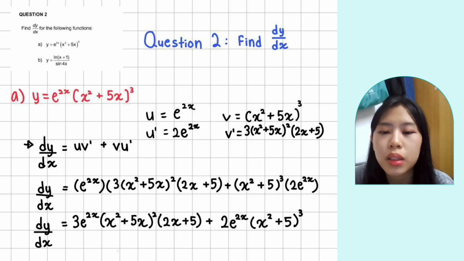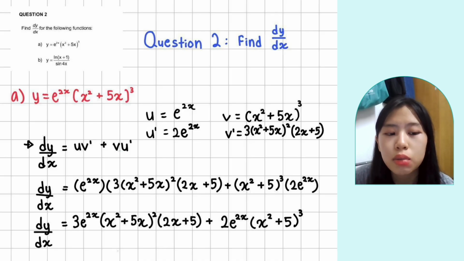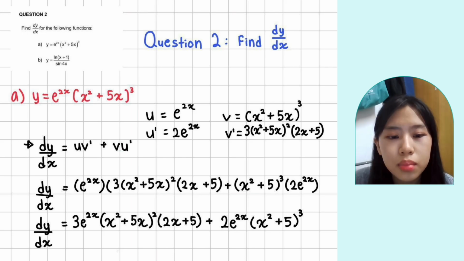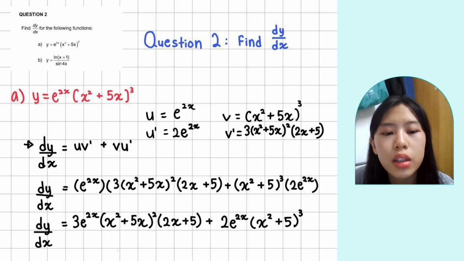The derivative of v with respect to x is 3(x² + 5x)²(2x + 5). Next, we apply the product rule, which is dy/dx = uv' + vu'. That makes it dy/dx = e^(2x) times 3(x² + 5x)²(2x + 5) plus (x² + 5x)³ times 2e^(2x).